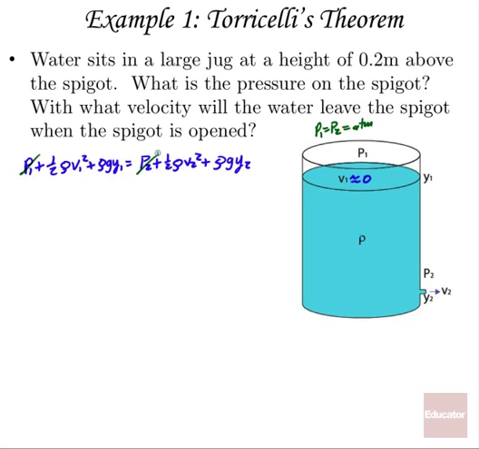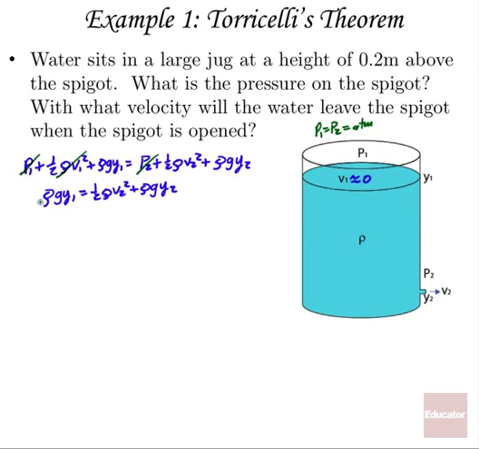That'll simplify right there. We said V1 is approximately 0. That term goes away. So what we're left with now is rho g y1 equals 1/2 rho v2 squared plus rho g y2. All right, we're getting closer already.